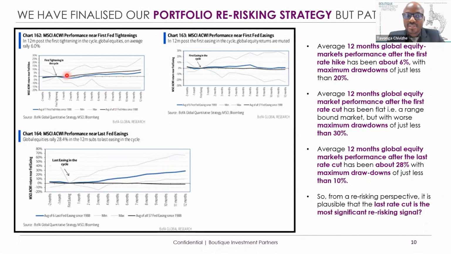The first one, which is the top left chart, looks at a scenario which studies the average performance of many equity markets 12 months on average after the first rate hike. And then we also have the average performance of many equity markets 12 months after the first rate cut. And then the final one is the average performance of equity markets 12 months after the final rate cut.